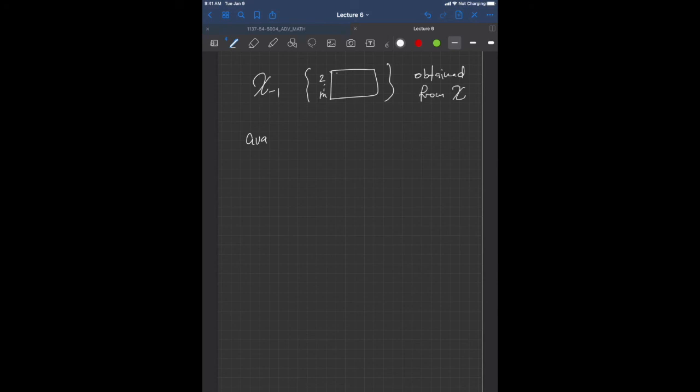So I want to claim that in X minus 1, there are no more revealed rows. This is consistent with our intuition, right? The set X said that if you tell me all the rows 2 to m, I know the first row.